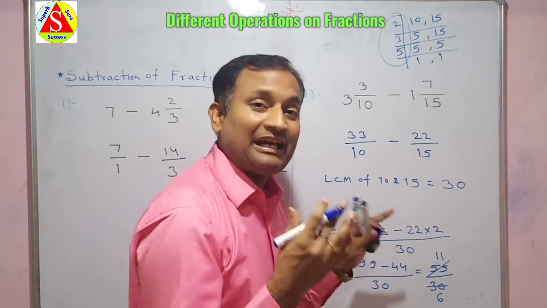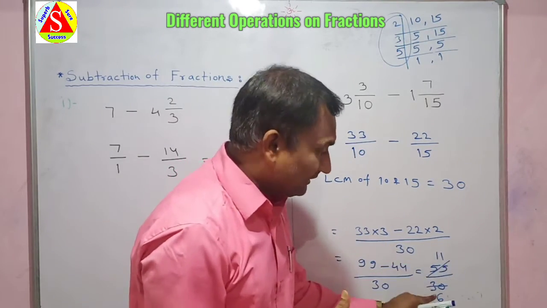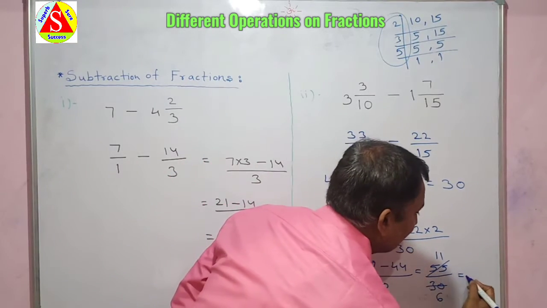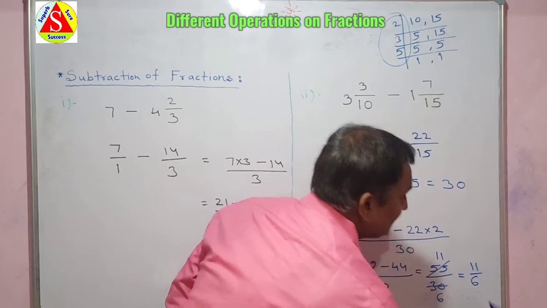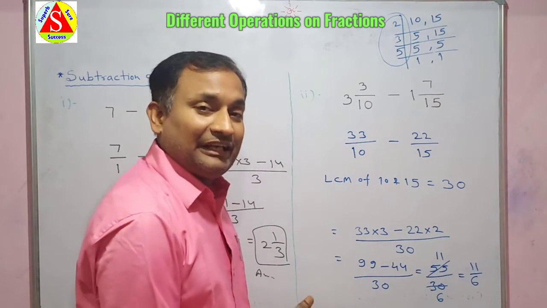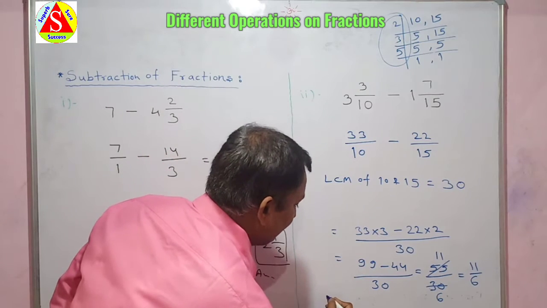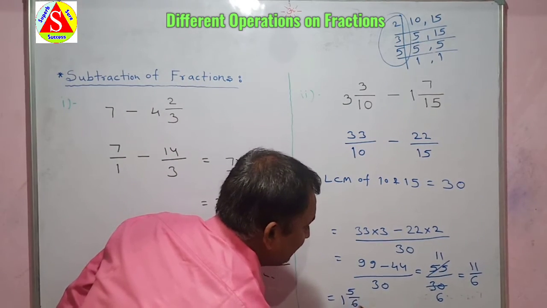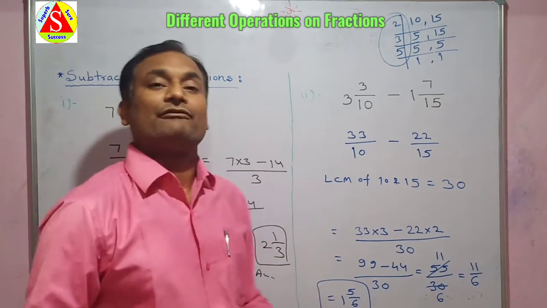It means we have cut the numerator and denominator by a common factor 5. So finally we have 11 upon 6. Okay, so now we can convert it into a mixed fraction. So we will have 1 5 by 6 in mixed fraction form.